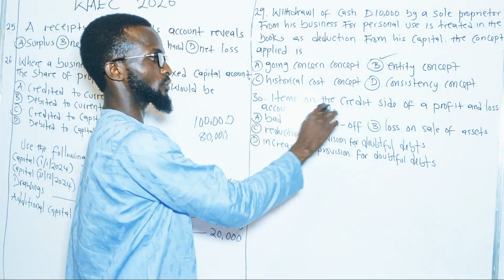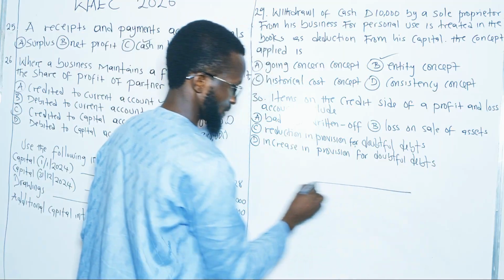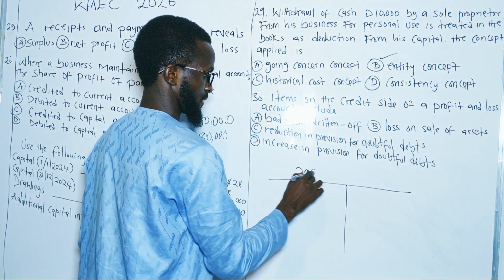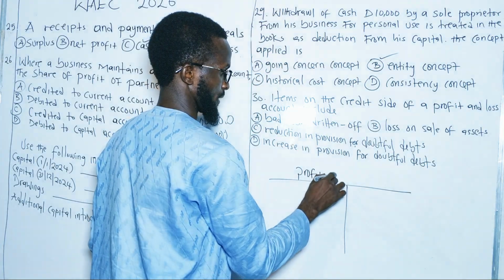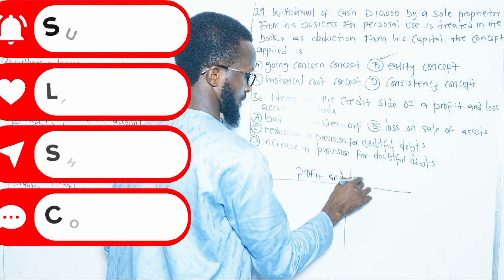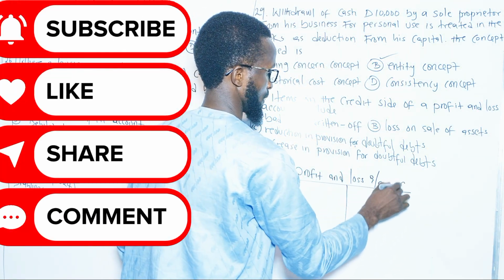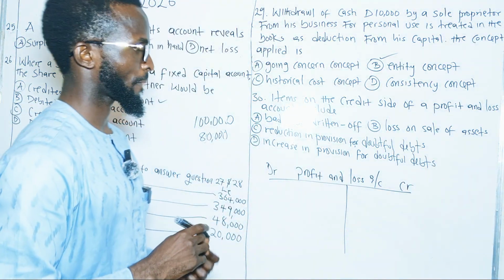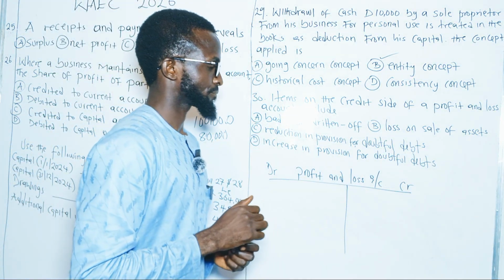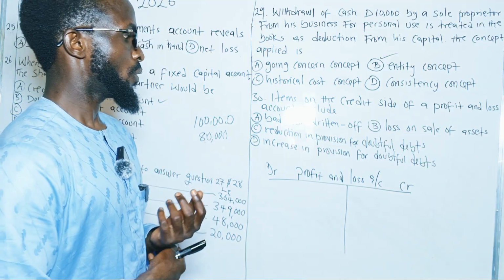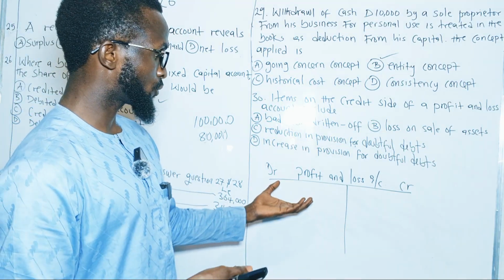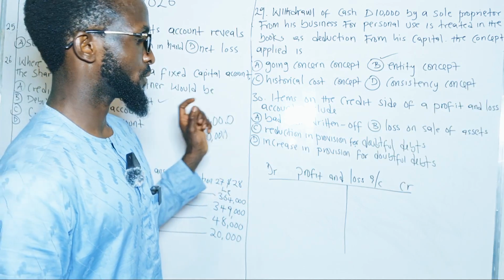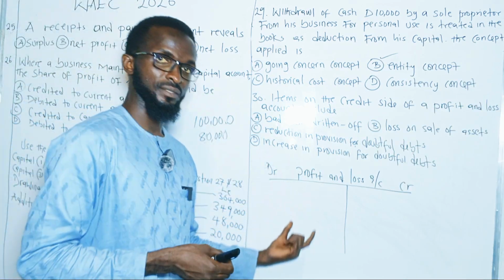Remember, items on credit side of profit and loss account. Let's say this is your profit and loss account. Here is credit, here is debit. Remember, according to the rule of this account, all expenses go to the debit side.